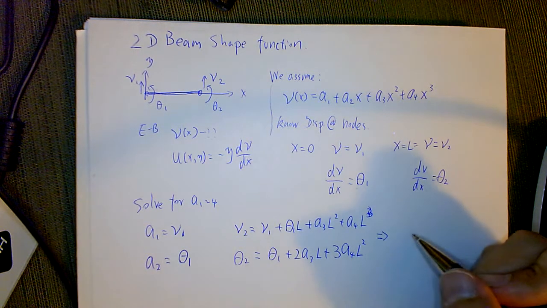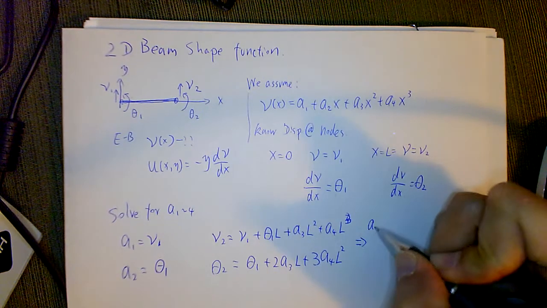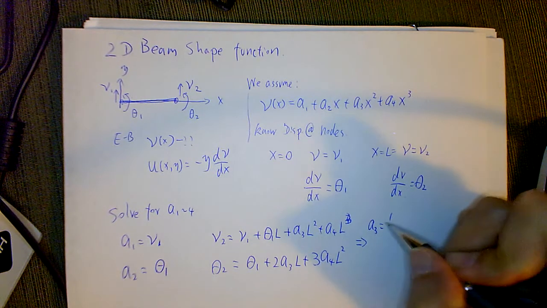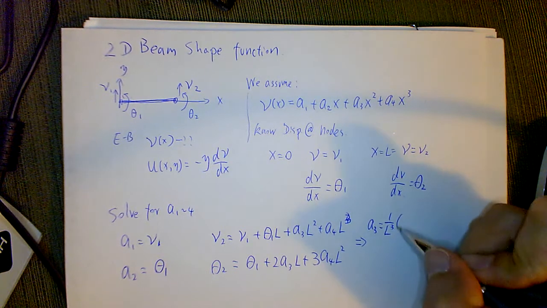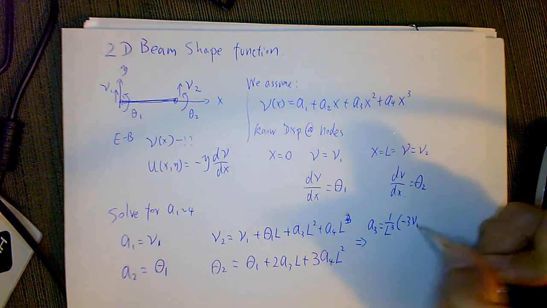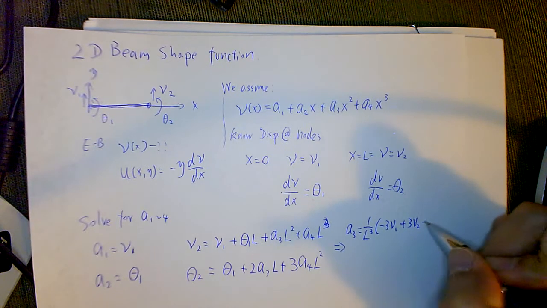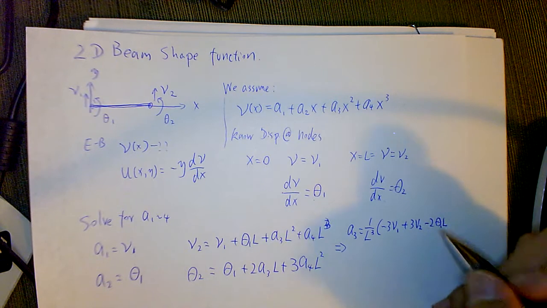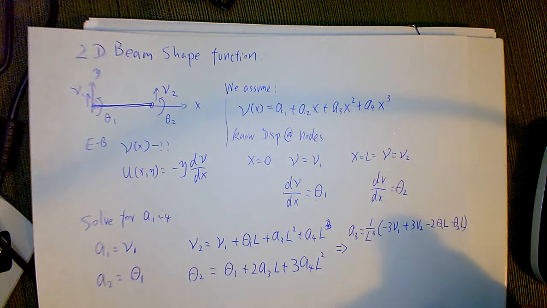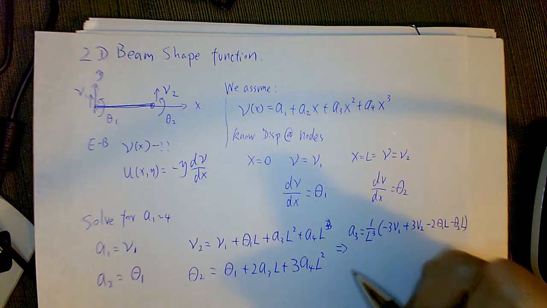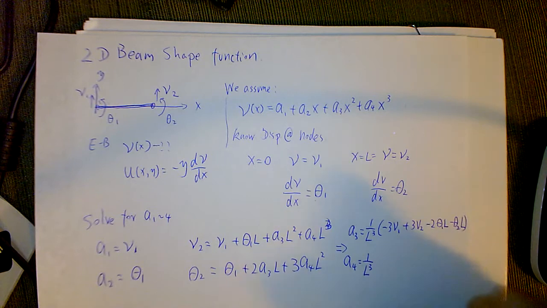In fact, you will find out a3 equals, I'm just gonna give it to you, but if you really solve it, you will know I am right: negative 3V1 plus 3V2 minus 2 theta 1 L minus theta 2 L, all over L squared. Okay, so that's what a3 is. A4 is the same thing over 3.